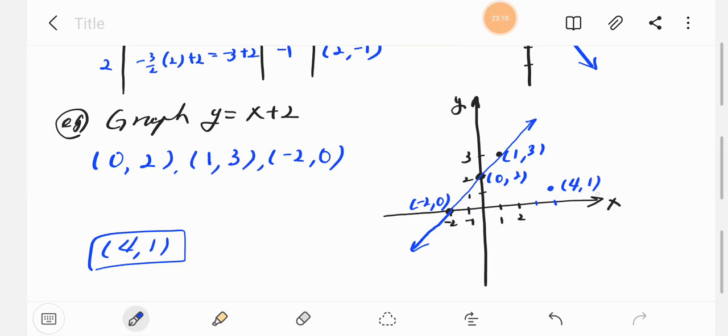So this is not a solution of the equation because this point is not on the line. Make sense? So all the points on the line will be solutions of the equation. If a point is not on the line, then it is not a solution of the equation.